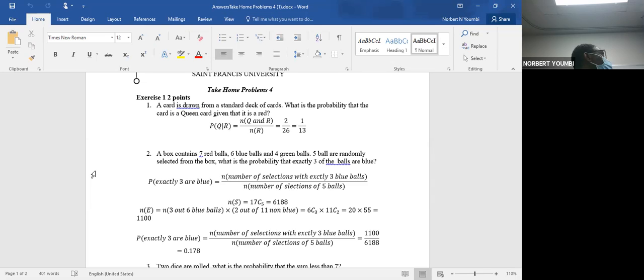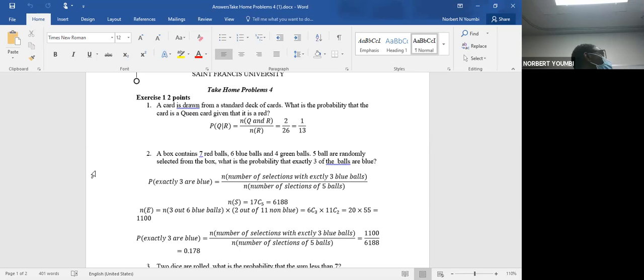You have 3 blue, and 2 the other one. If it was 2 red, then 2 blue, then 1 green, you have to think 2 red out of 7, 2 blue out of 3, 1 green out of 4. And then you multiply. This is the multiplication rule, involving combination at the same time.